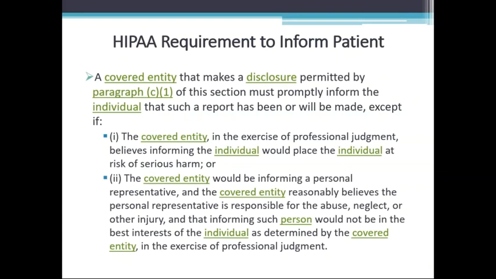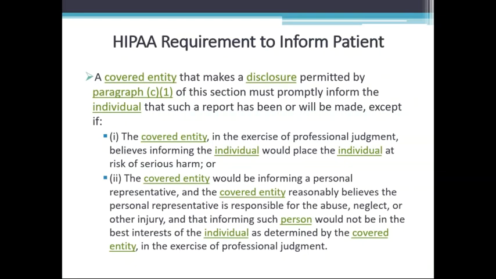Or if the individual doesn't have the capacity to make their own decisions or take care of themselves, and possibly they have a family member who's legally responsible for that, or some other sort of caretaker who you normally would provide the information to, and you reasonably believe that that family member or that personal representative for that patient is actually responsible for the abuse, neglect, or other injury.